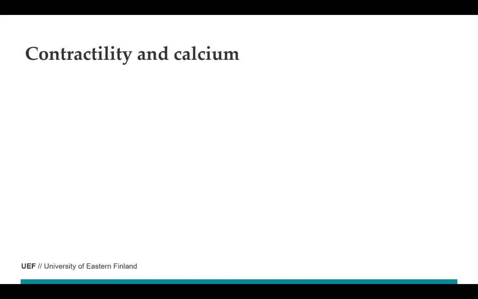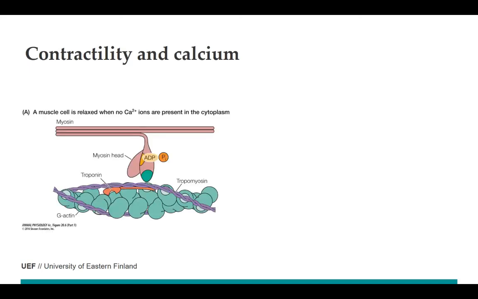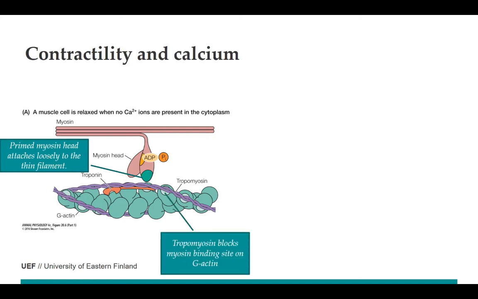Let's look a little bit more in detail. What is the role of tropomyosin? What is the role of troponin? When there's no calcium, the head group is touching only loosely on the thin filament, but there's tropomyosin that is blocking this myosin binding site.